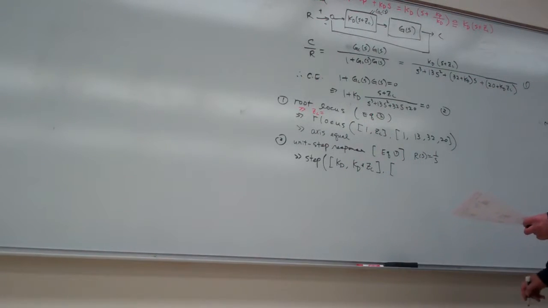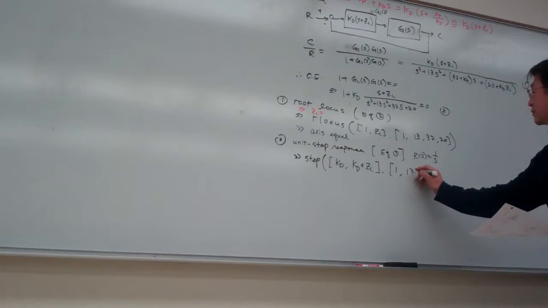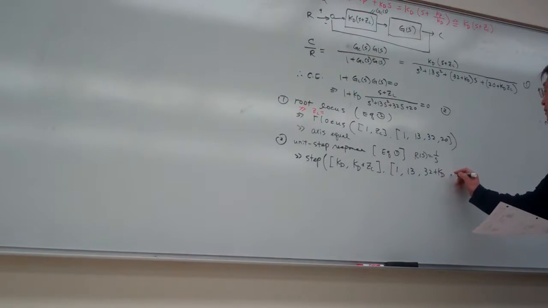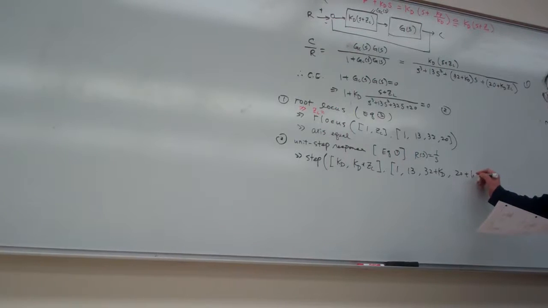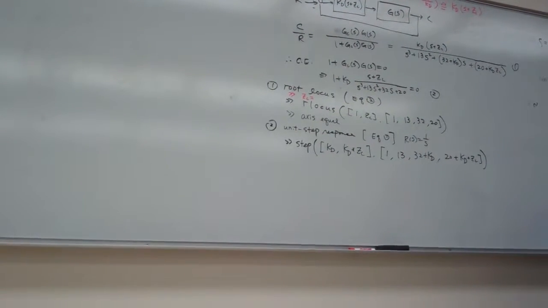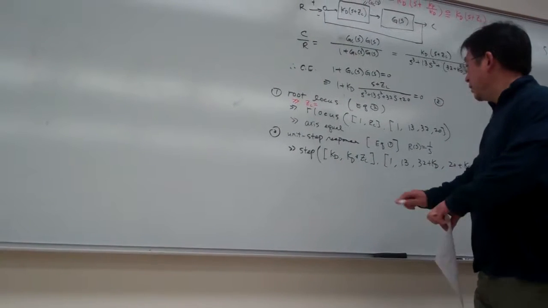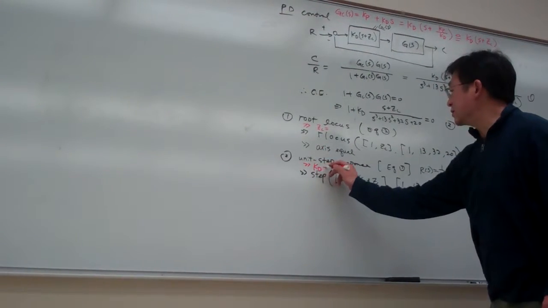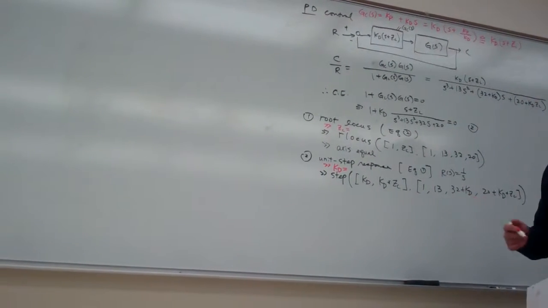And the second one is the denominator, 1, 13, 32 plus KD, 20. And again, here we have the parameters, so at the front you have to give a certain number for KD. Okay, we leave that here.